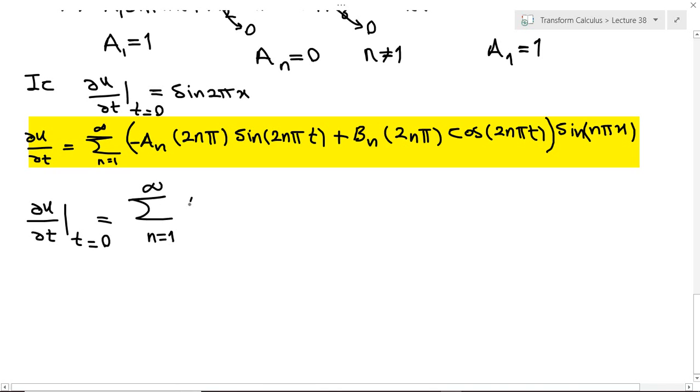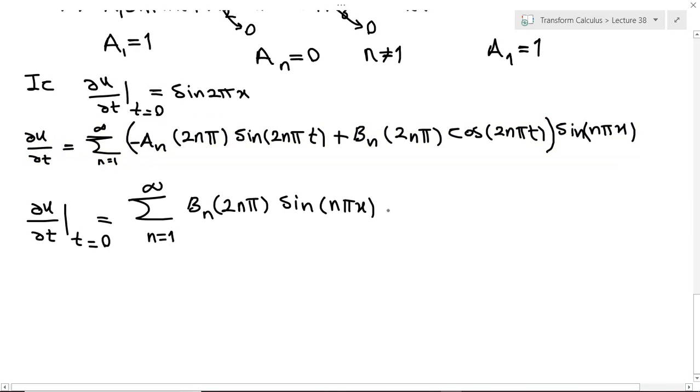As a result, we have bn times 2n pi, cosine 0 is 1, times sine n pi x. Based on the initial condition, this should be equal to sine 2 pi x.